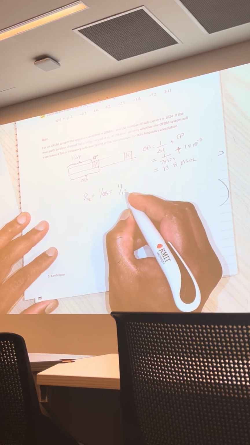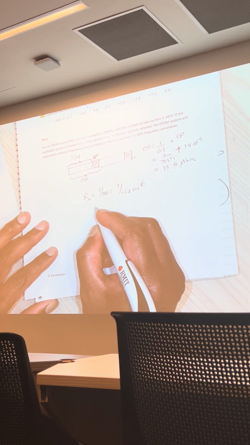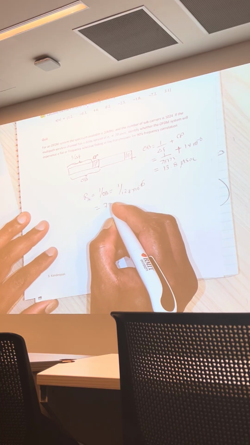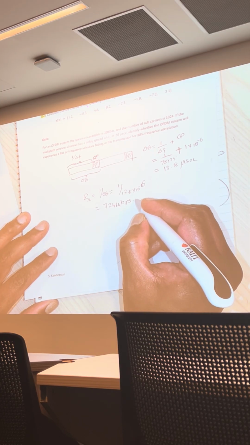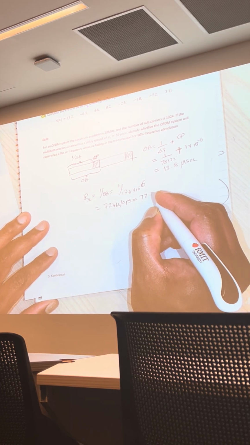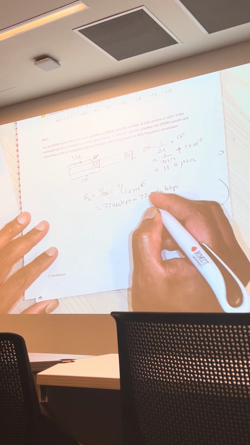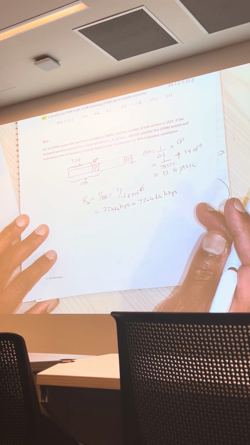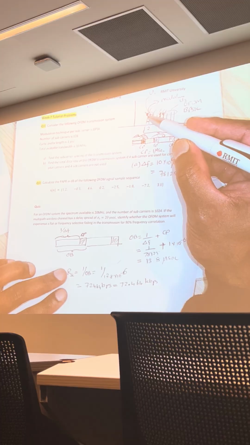That's 1 on 13.8 into 10 to the minus 6, equals 72,464 bits per second, or 72.5 kilobits per second. So this is the data rate that's carried in a subcarrier.